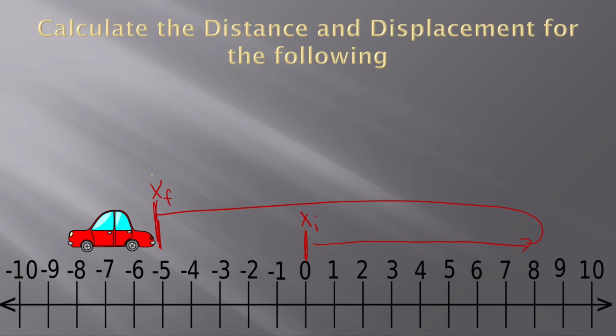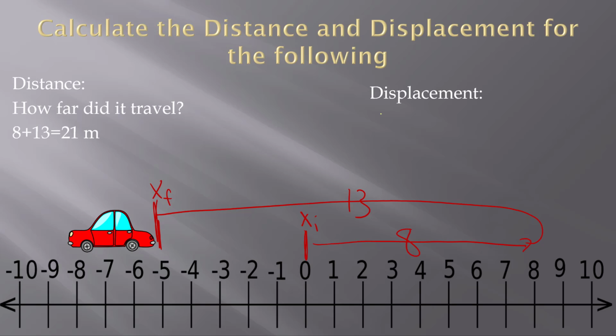Okay. So distance traveled. Well, it traveled 8 over here, and then 13 over here, which gives us a total of 21. So the odometer would have gone up 21 meters if we had an odometer on this car.